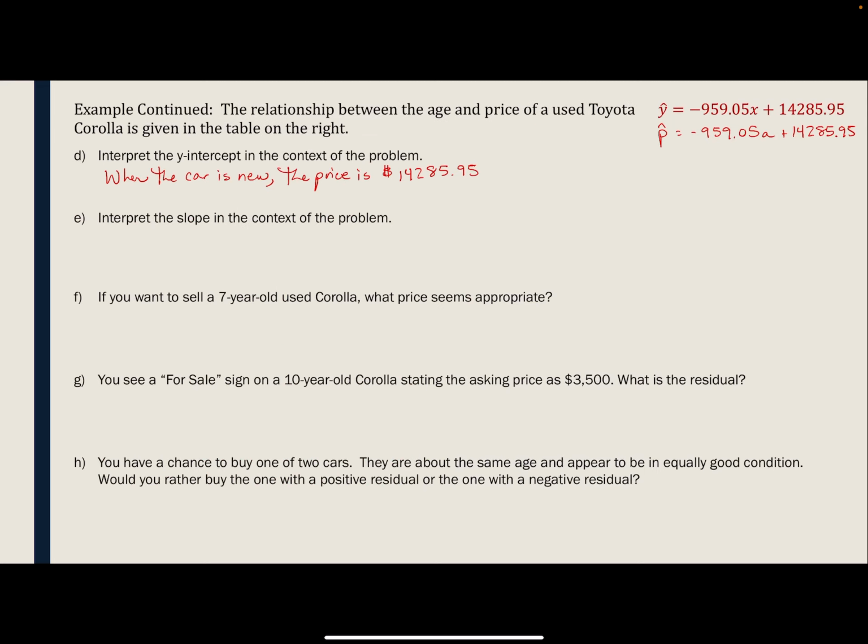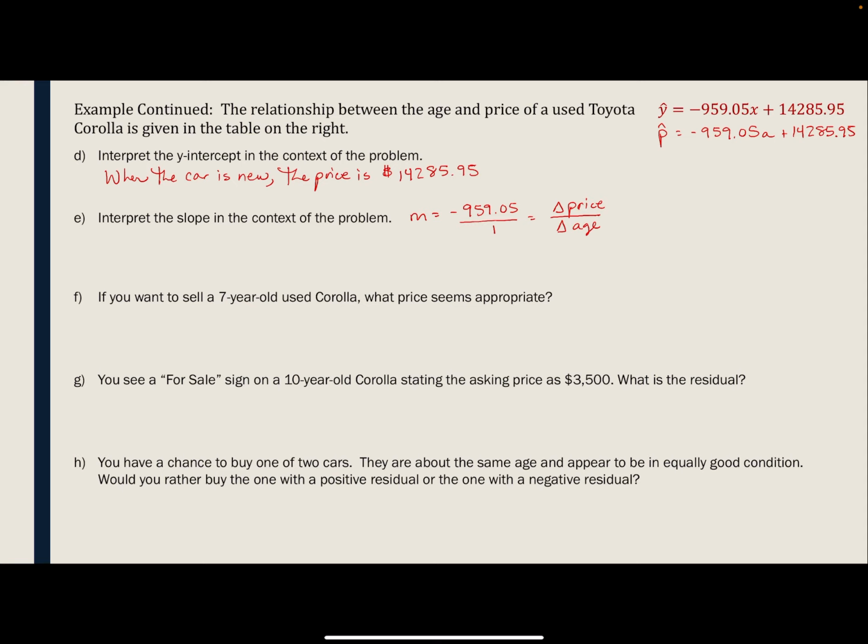Interpret the slope in the problem. The slope here is negative 959.02, which I'm going to write over 1. This is the change in the price over the change in the age, the change in y over change in x.